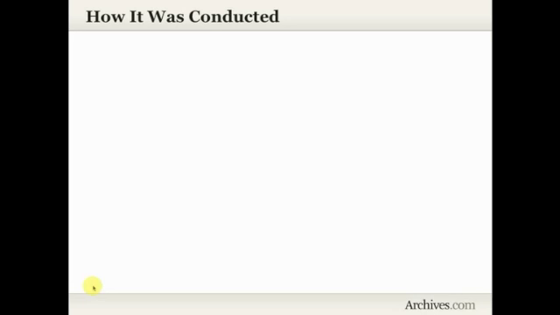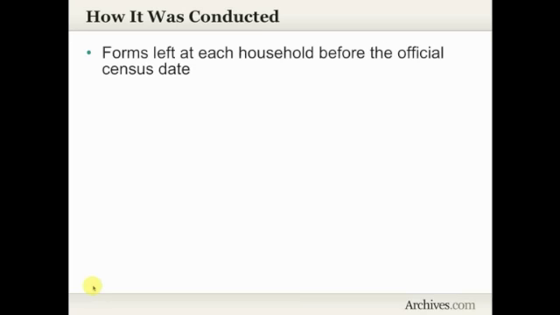It's important to know how the census has been conducted. Unlike the United States, where census takers go door to door and ask people about the people that are living in the household, in the United Kingdom, forms were left off at each household before the official census date.